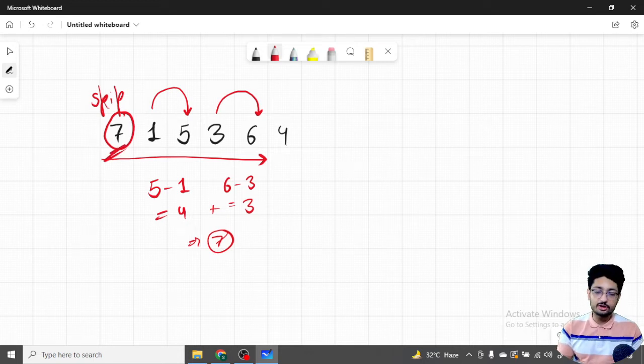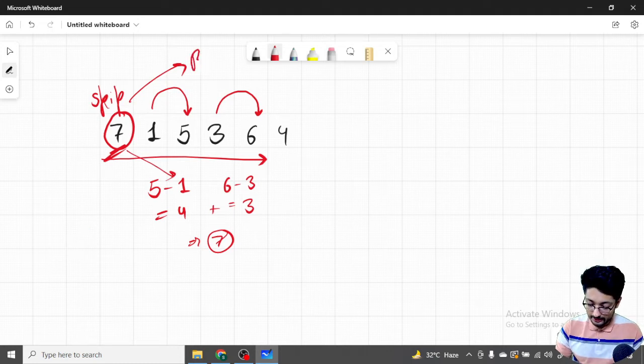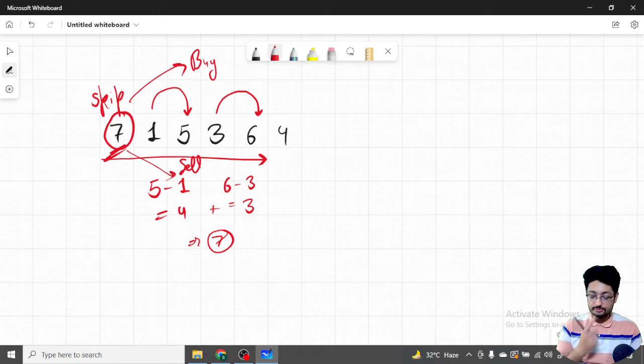By transaction or action, I mean that if you are not holding any stock, you can buy it, and if you are holding some stock, you can sell it. So you can either buy it or sell it, or you can just skip this particular day and move to the next day. These are the options you have.